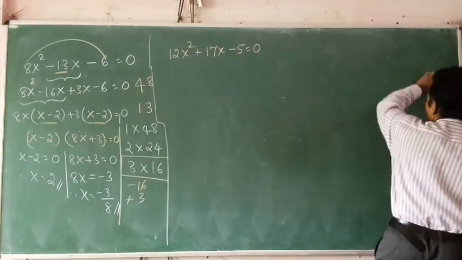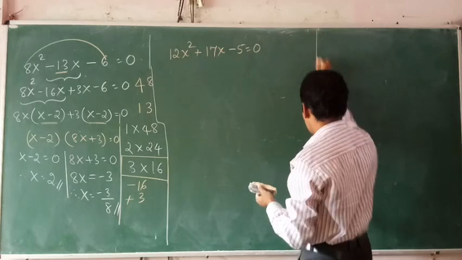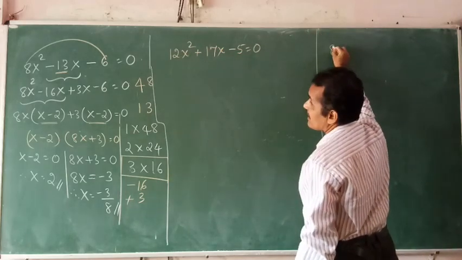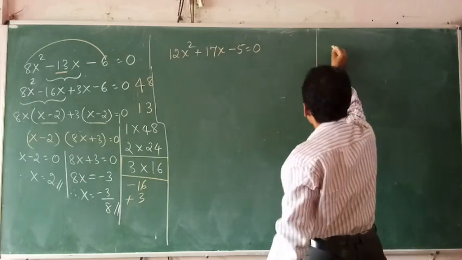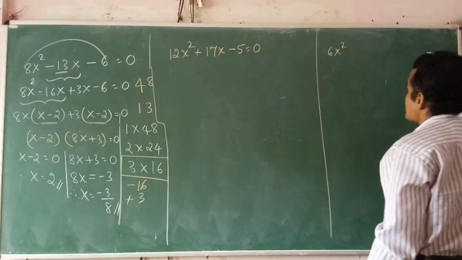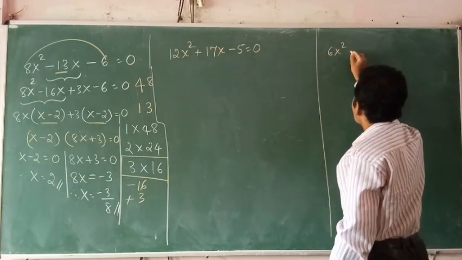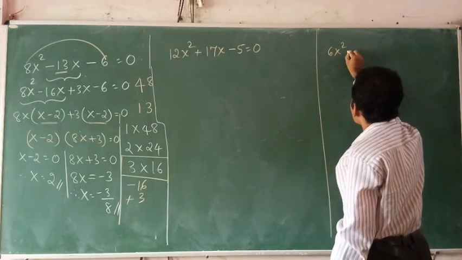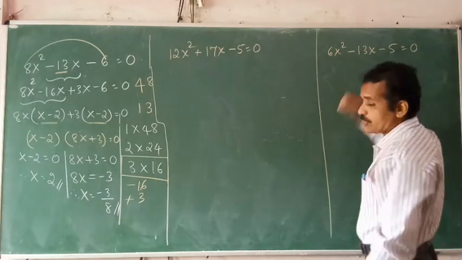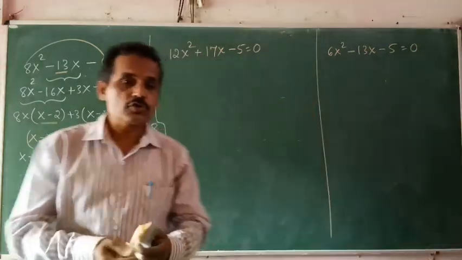The sign of the constant is very, very important. Let me go for one more problem. 6x square minus 13x minus 5 is equal to 0. These are the two problems I'm going to solve for you.